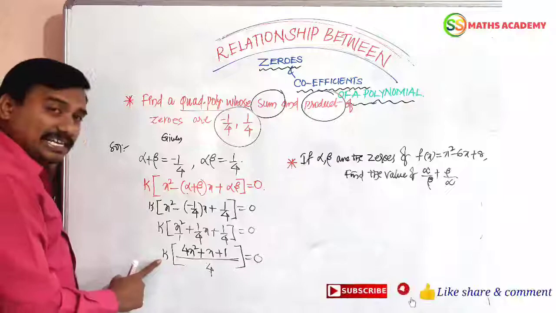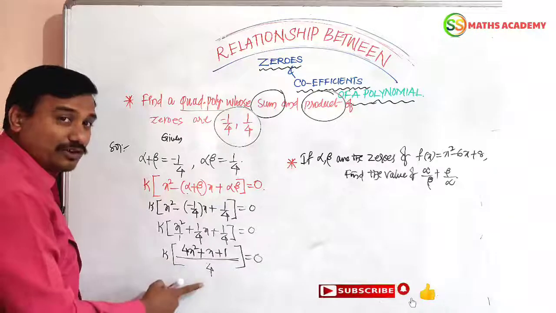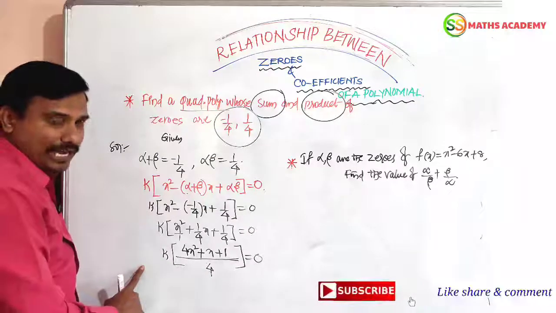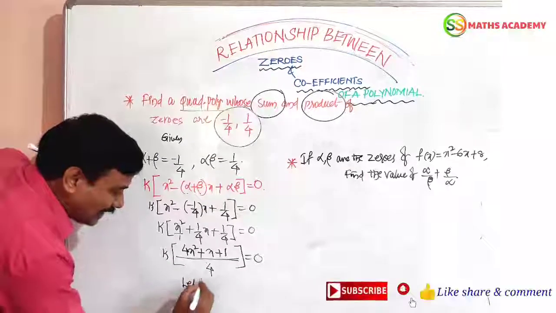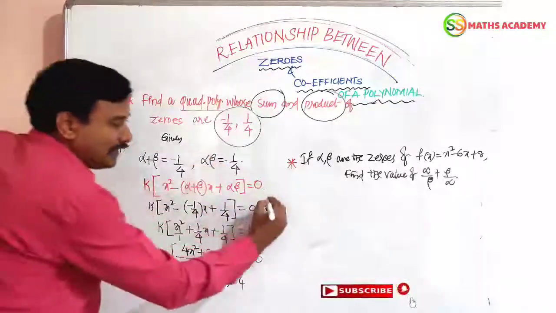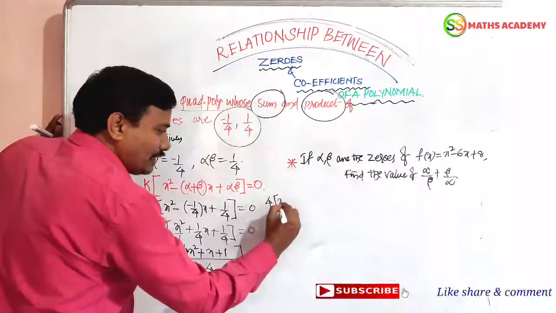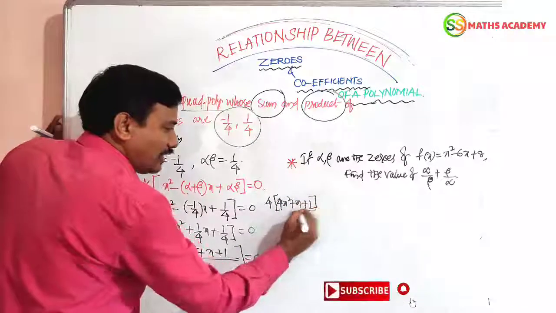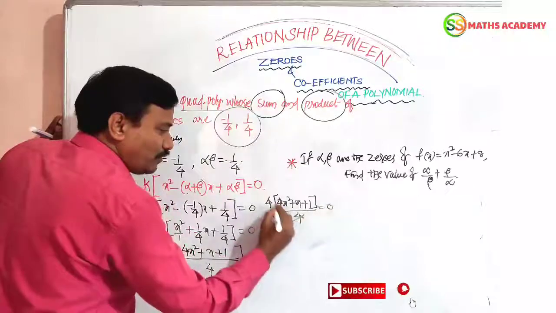If you cancel the k value, you have to take the denominator value and assume it as k. Now let us take k equals 4 here. Then 4 of (4x square plus x plus 1) by 4 equals 0. The 4 gets cancelled.